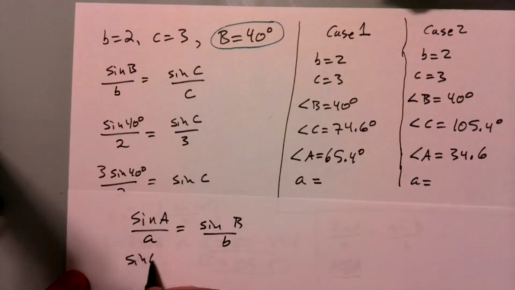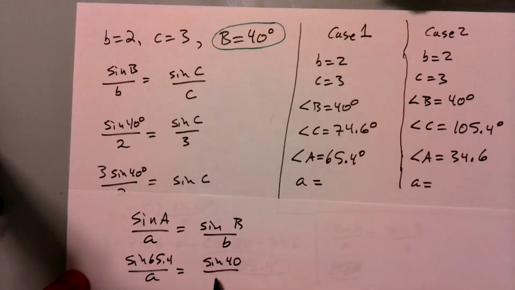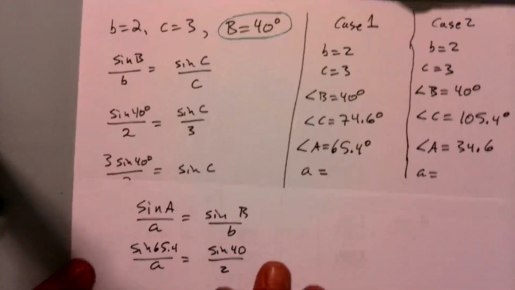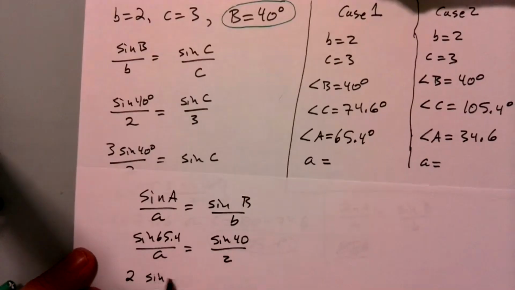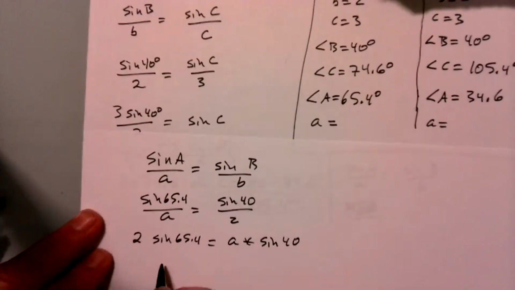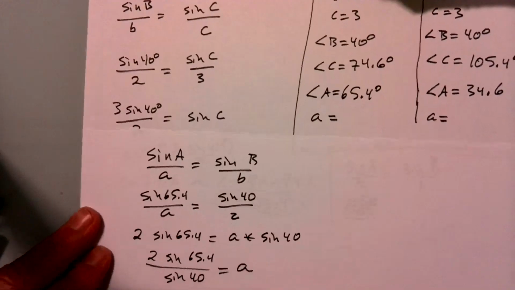So sine 65.4 over little a is sine 40 over 2. So 2 times the sine of 65.4 is a times the sine of 40. Then we can divide both sides by sine 40. 2 times sine 65.4 over sine 40 equals little a.